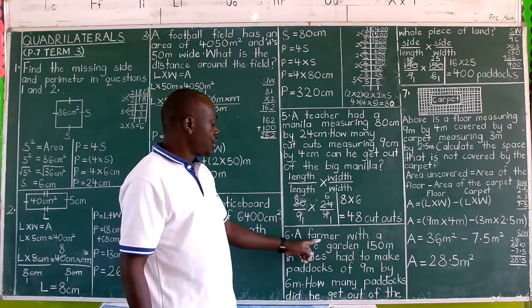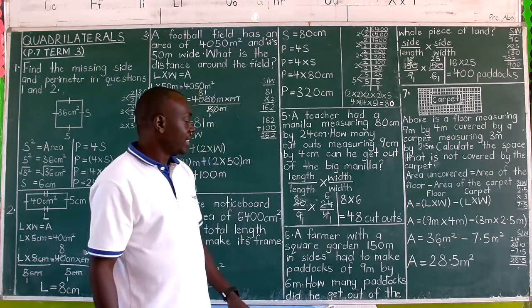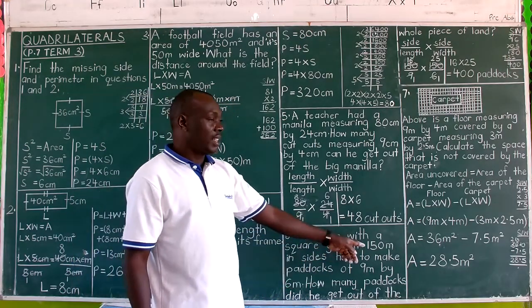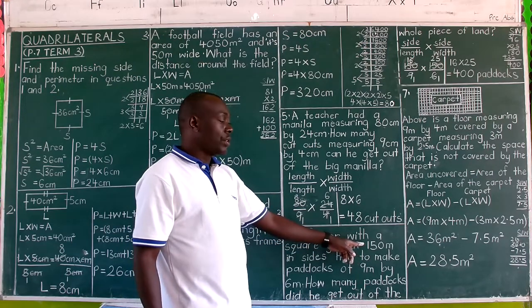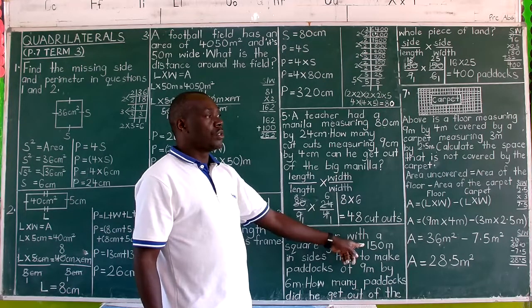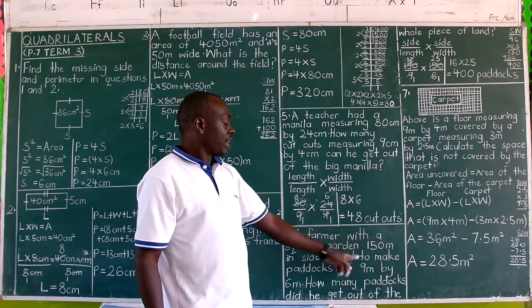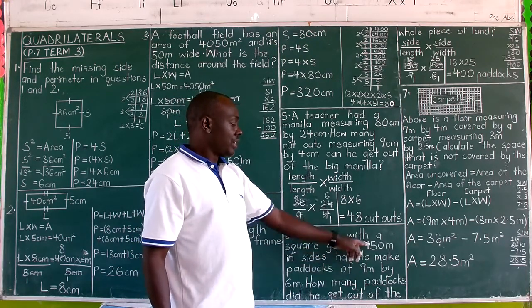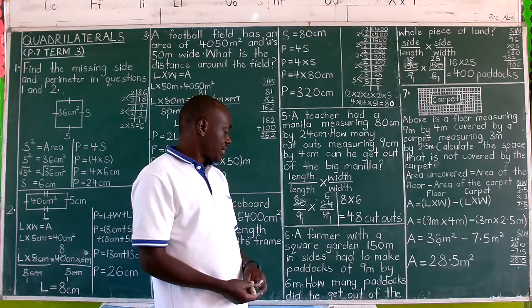Now I'm going to note that this piece of land, or this garden, is in square form. The square is a quadrilateral with everything equal. So sides are equal, diagonals are equal, interior angles are equal, center angles are equal, everything is equal. So it has each side measuring 150 meters.